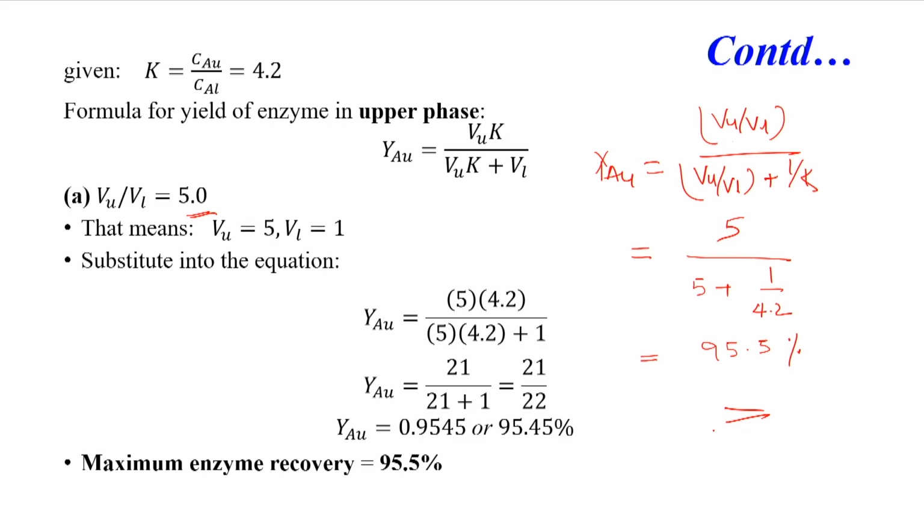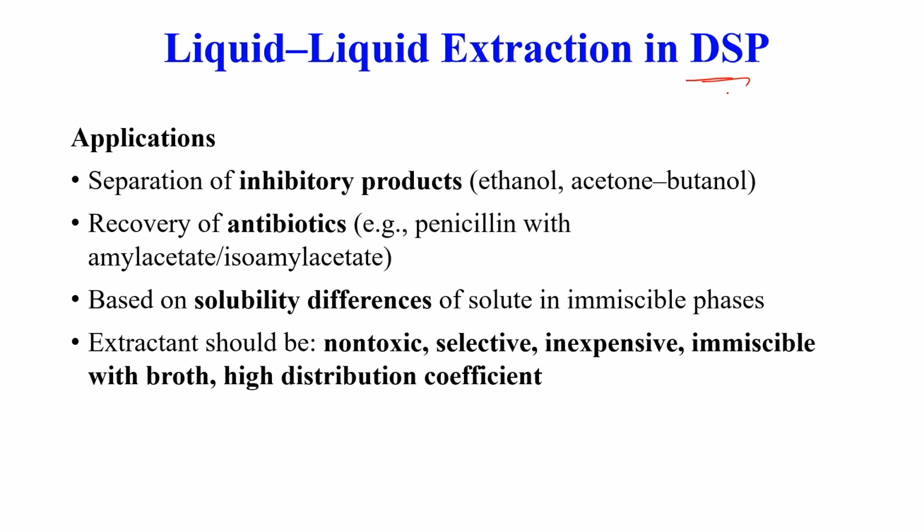Now, in downstream processing in particular, liquid extraction is used to separate inhibitory products like ethanol, acetone and butanol. It is used to recover antibiotics.